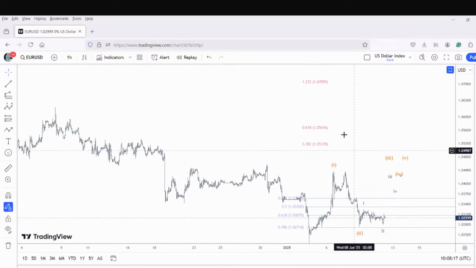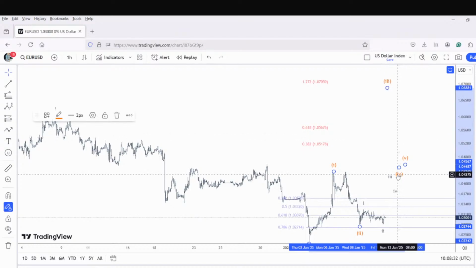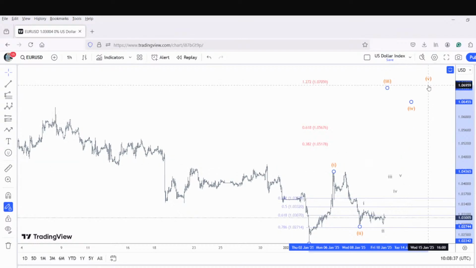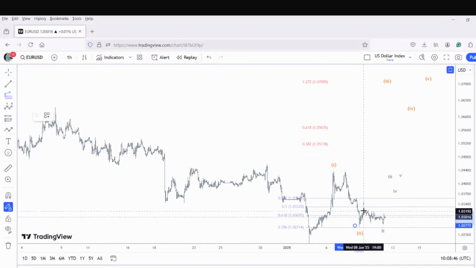Those are the upside targets seen. 1.0600 and 1.0700. So that is where we are looking for the larger degree counts, and for the lower degree, immediate targets can be, okay.